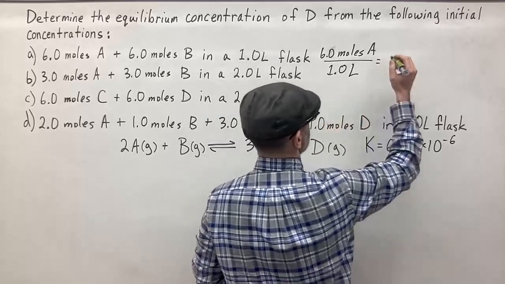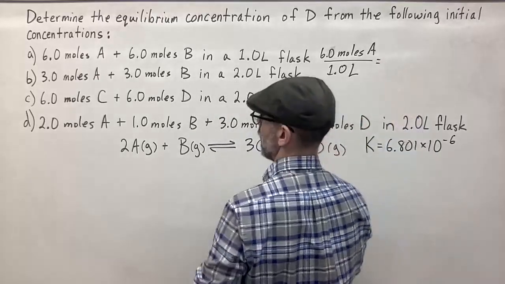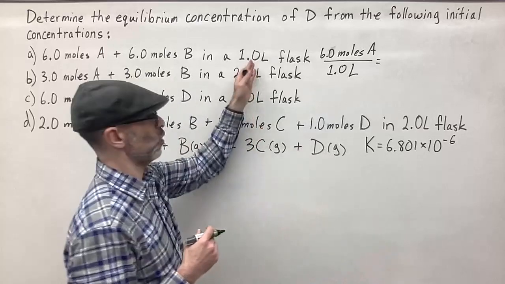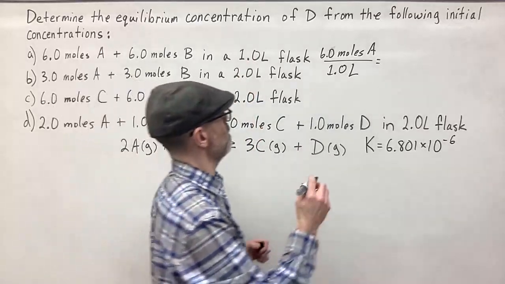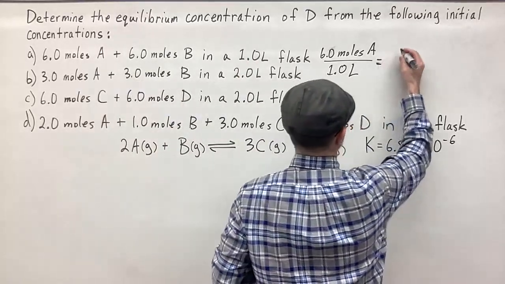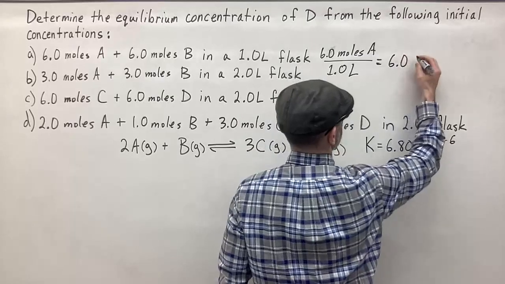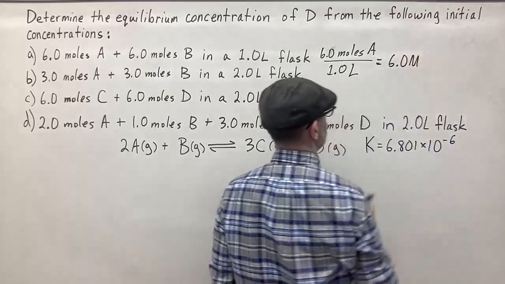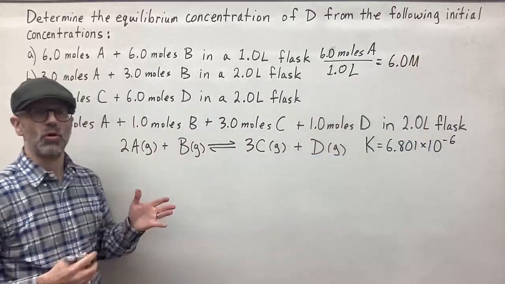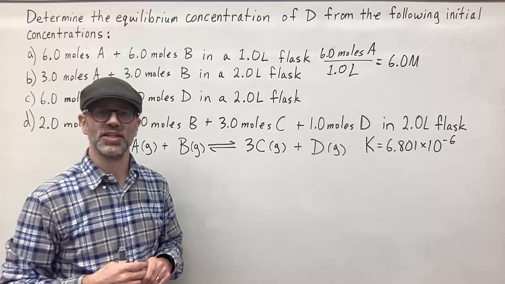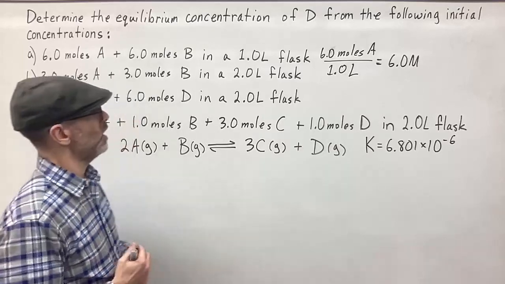So this is also equal to the concentration of B, because we have 6 moles of B and, again, 1 liter of the container. So that's going to give us 6.0 molar. So the moles and the molarity can be used exactly the same because the liters is 1.